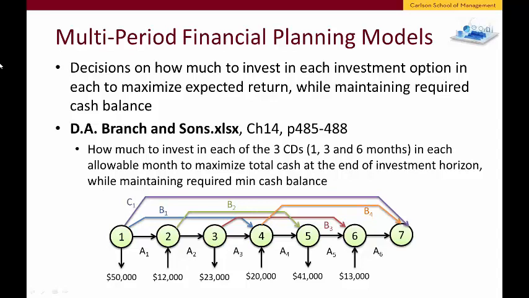Finally, the last decision on how much to invest in a 6-month CD must be made in month 1, maturing in month 7, and that is the only C1 labeled variable. So the total number of decision variables in this problem is 11: 6 related to the 1-month CD, 4 for the 3-month CD, and 1 for the 6-month CD.